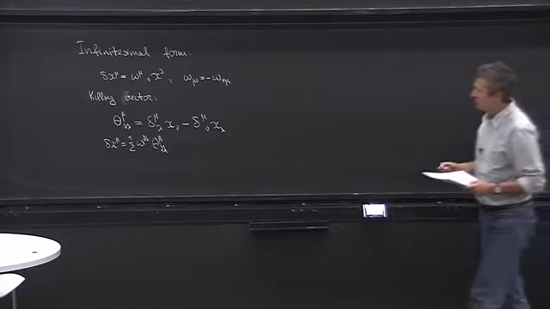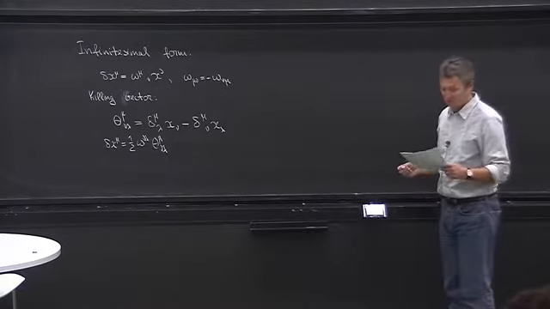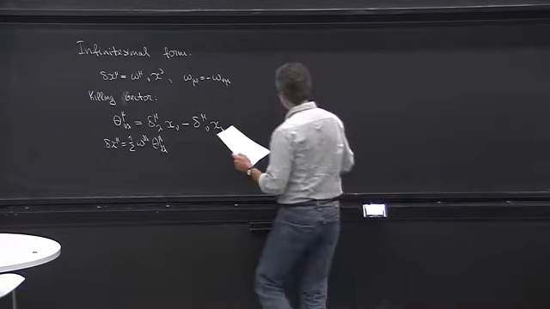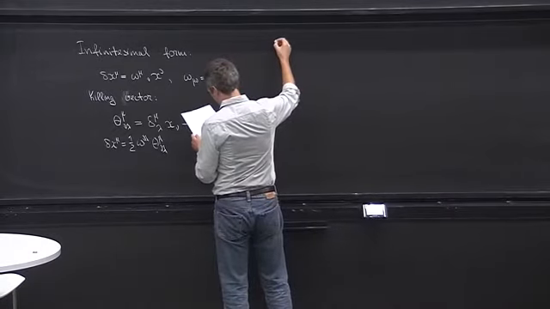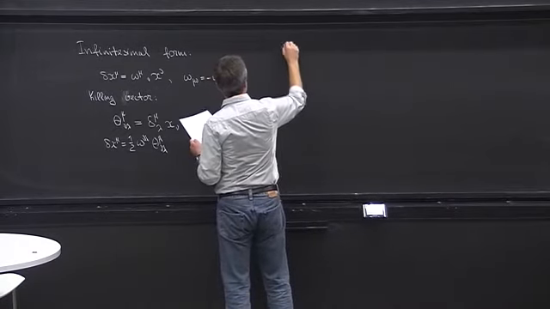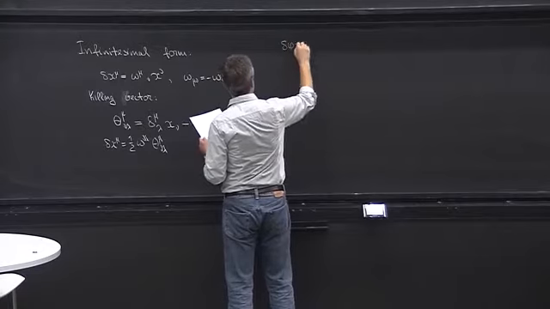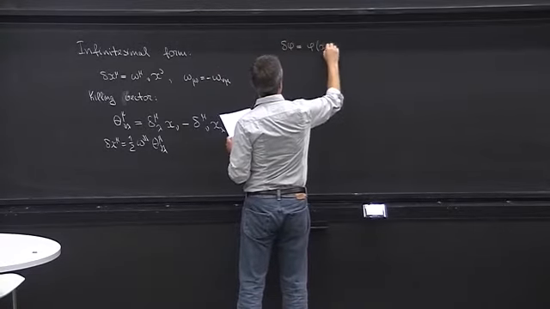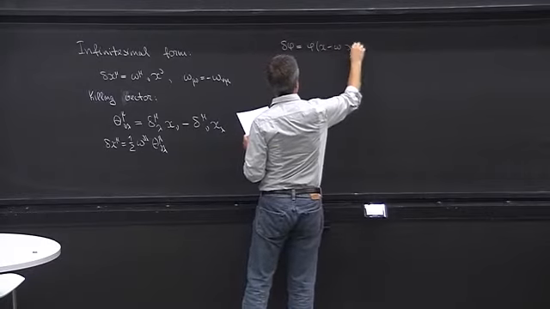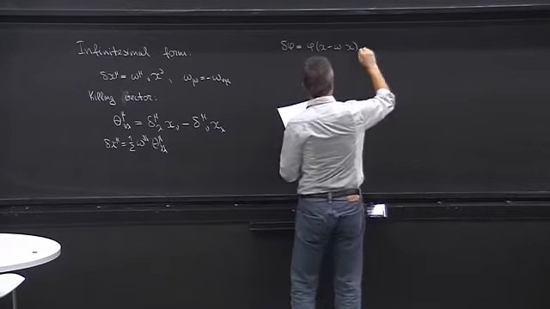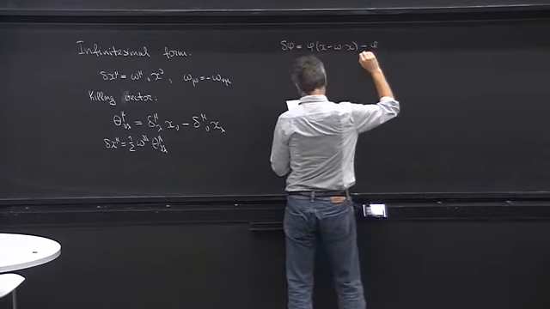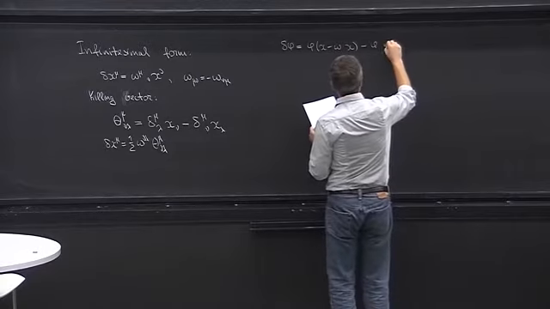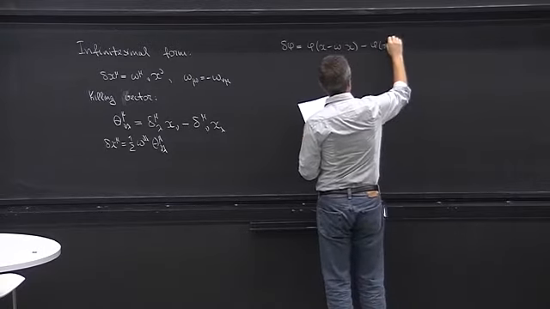Okay. So next we need to figure out what is the generator of this transformation. For that we need to transform phi. So delta phi will be equal to phi of x minus omega acting on x, minus phi of x.